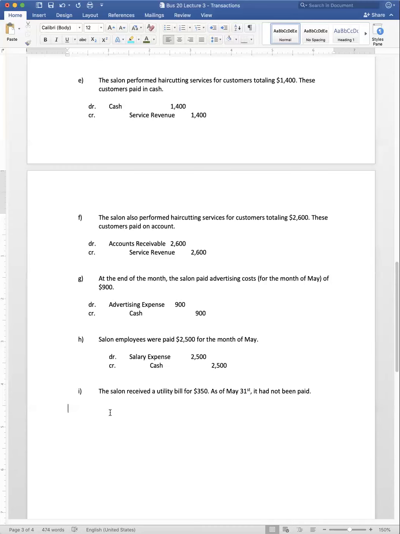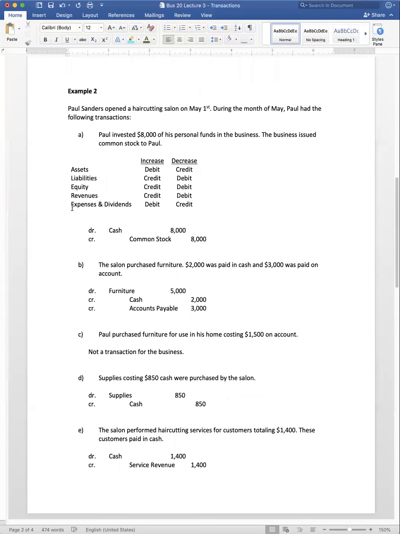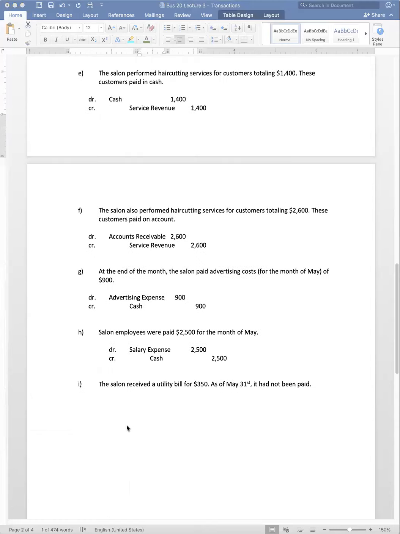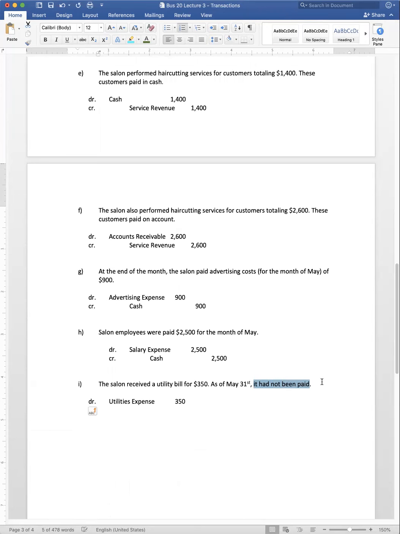Now, if we've used the utilities, that means we've used something up, so we have an expense, and expenses are always increasing. So we're going to debit utilities expense. All right, now, the bill has not been paid. So what does that mean?